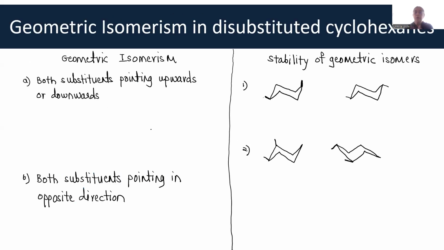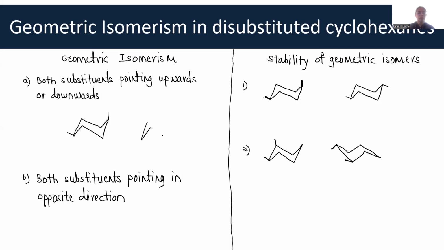Now, coming to geometric isomerism in disubstituted cyclohexanes. This is when both the substituents are in different places. Okay. So, I'm writing this. Here is a structure, 1,4 disubstituted. This is the structure.